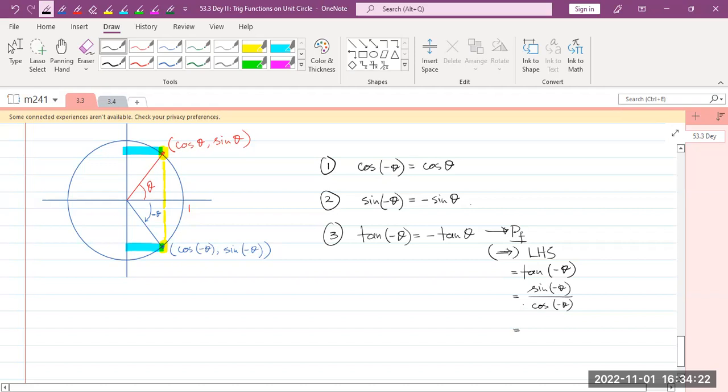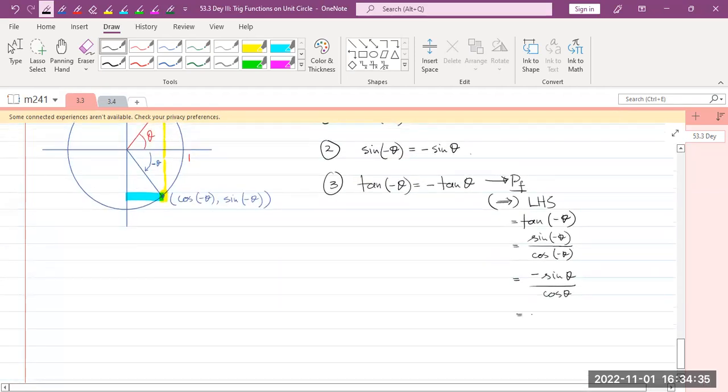But according to our point 1 and point 2 above, sine negative theta is negative sine theta, while cosine negative theta is simply cosine theta. And therefore we get negative tangent theta, which is our right hand side.